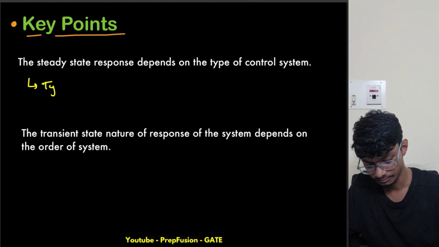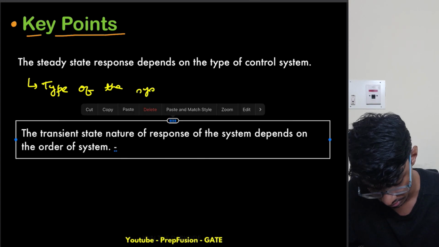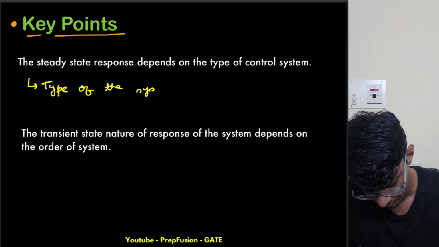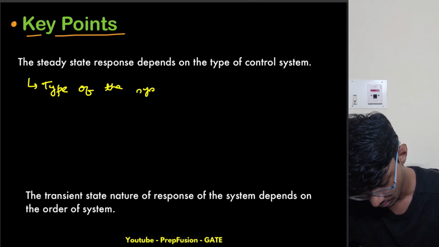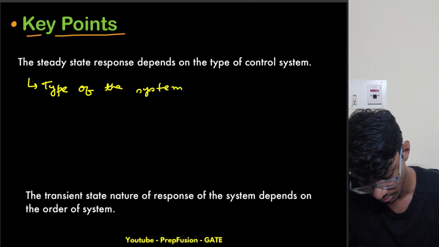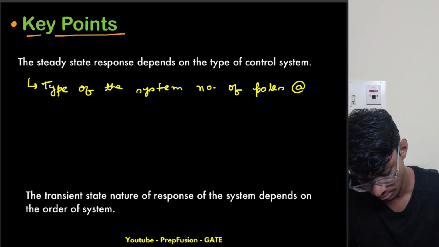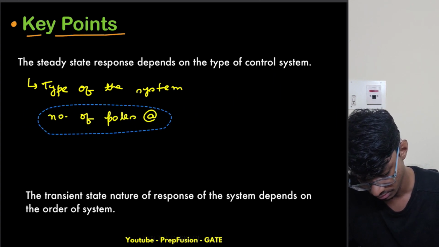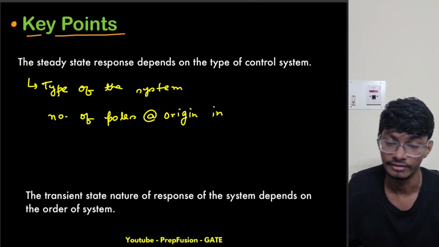Type of the system means the number of poles at origin in the OLTF, right, open loop transfer function.